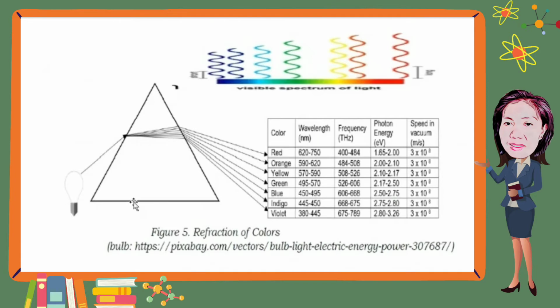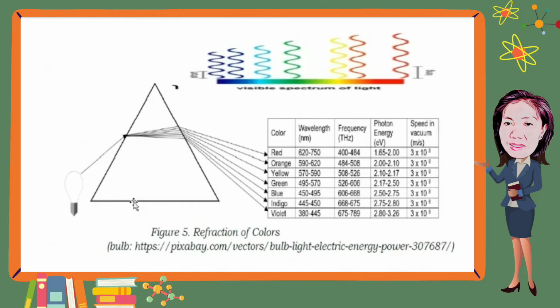An example nito class ng dispersion is the rainbow, for example. Okay, saan doon ang prism pag mayroon rainbow class? The prism is the water droplets. Okay?